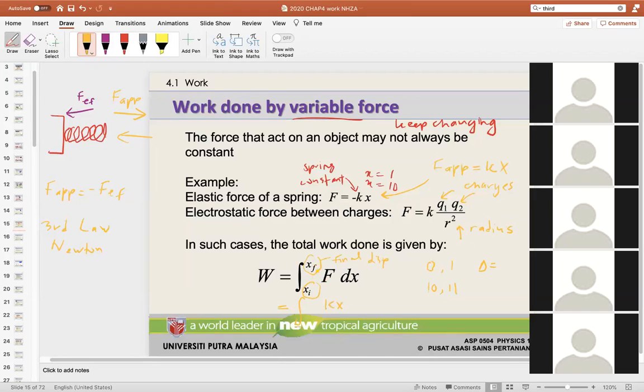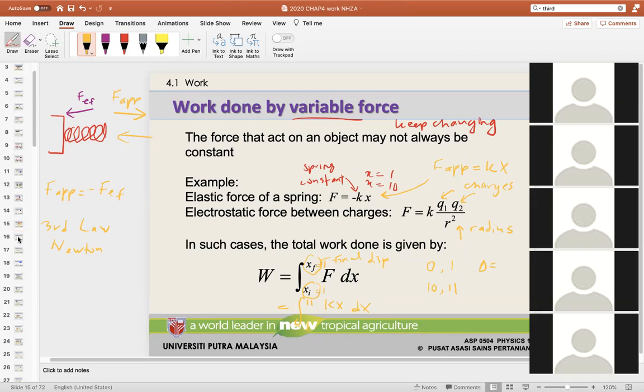But here for integration, you put in the values, okay? So let's say our initial x is 1, our final displacement is 11, the total displacement or the change in displacement is 10. But you don't put in 10 there, put in 1 and 11. And kx with respect to dx from 1 to 11, if you have learned this before, I'm not sure, it becomes kx squared over 2.